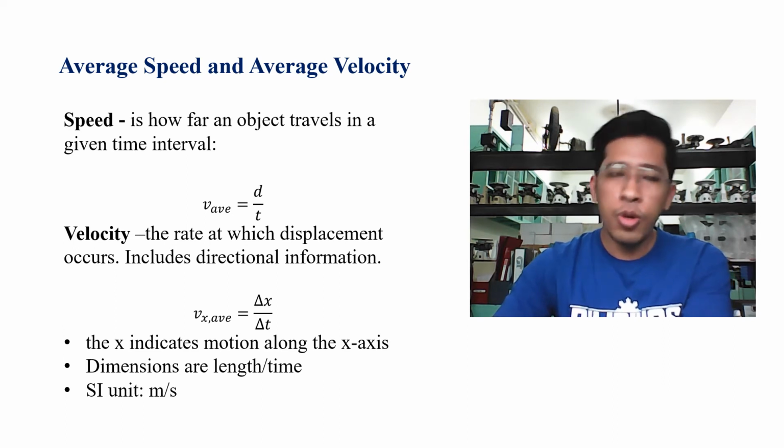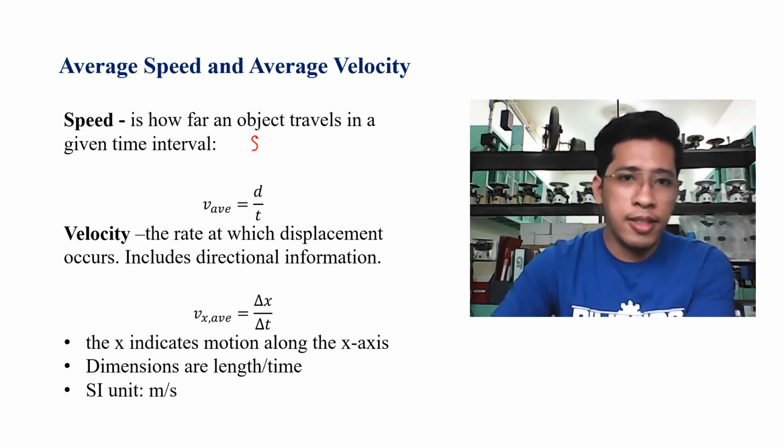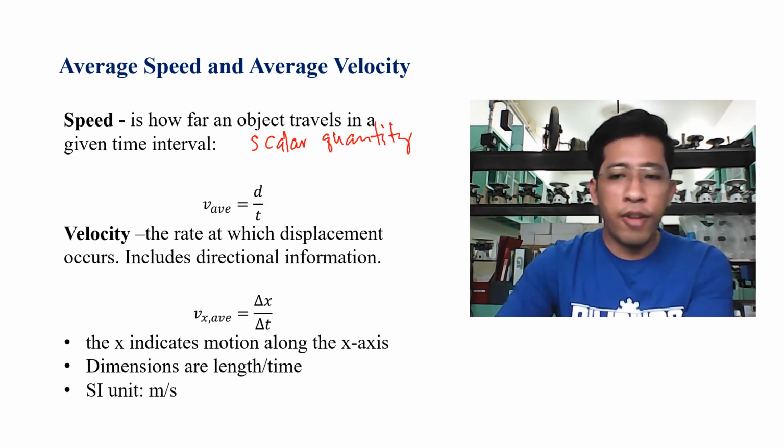Since it is just distance over time, speed is a scalar quantity, just like distance. Velocity, on the other hand, is the rate at which displacement occurs. It now includes directional information. So your average velocity, v, is equal to delta x over delta t, or your change in displacement over your change in time. Since it now includes directional information, velocity is a vector quantity.